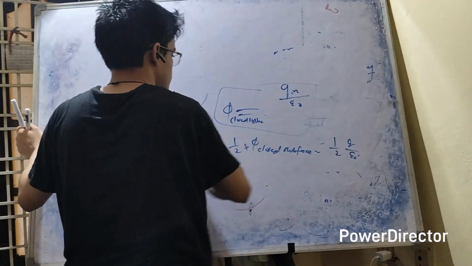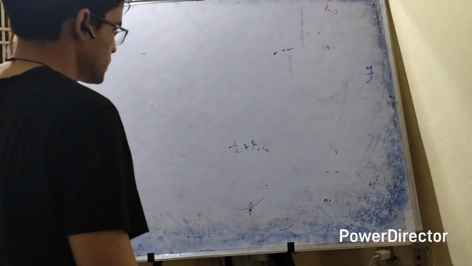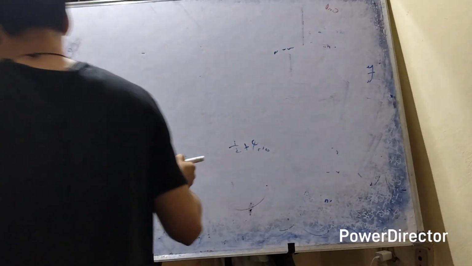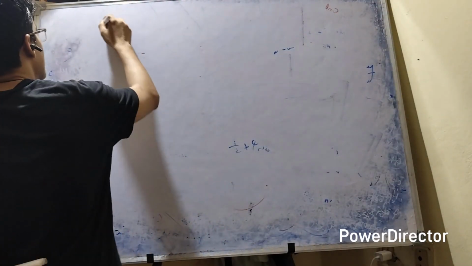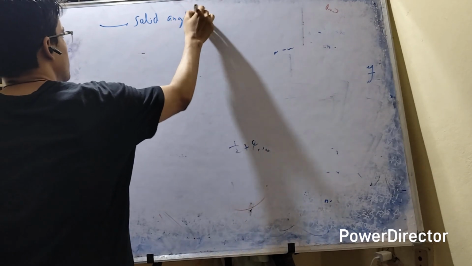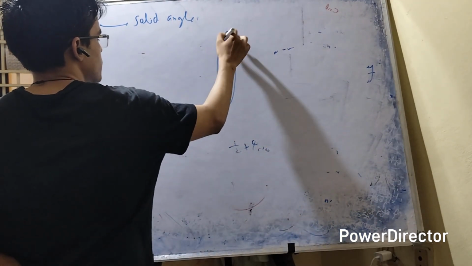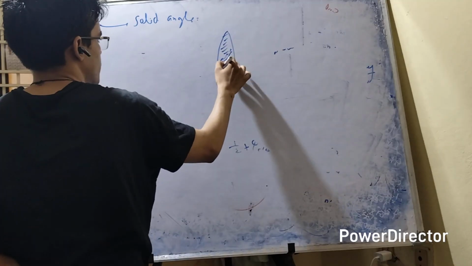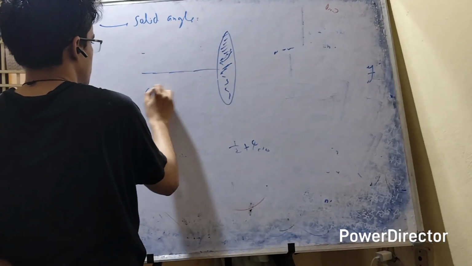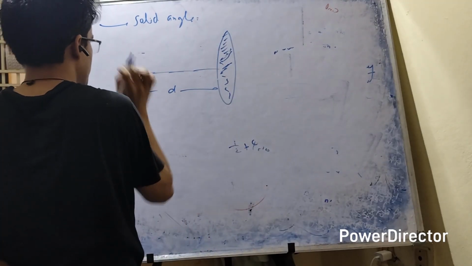Next, suppose I am taking an example about solid angle. What is solid angle? See, here suppose a disk is present here, at a distance, suppose t, and I have kept a charge here.